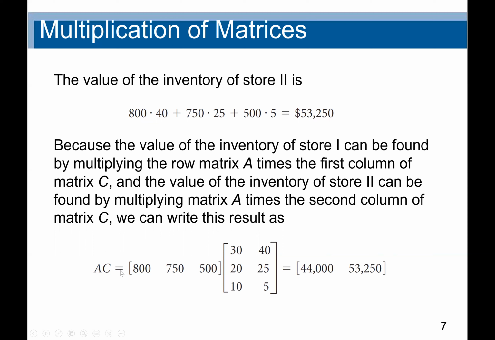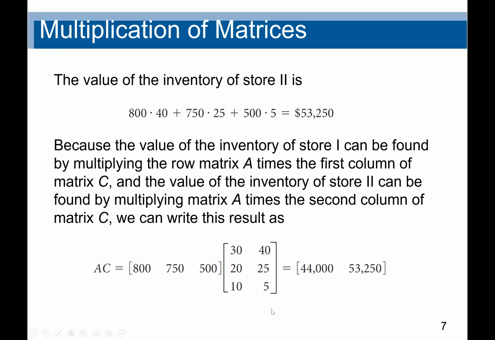Now we can perform this by using a matrix. We multiply matrix A by C, because in matrix C we now have two stores. The first store quantity is 30, 20, and 10. The second store quantity is 40, 25, and 5. We multiply the first row of A with the first column, then the first row with the second column. The first row with the first column, store 1, gives 44,000.